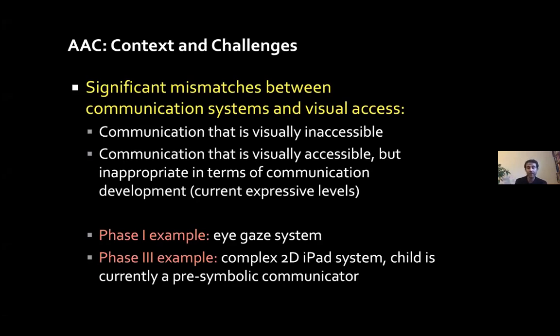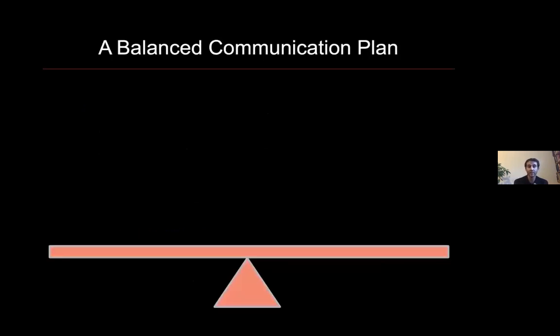It looks great, but the child is currently pre-symbolic, meaning that the child doesn't know the meaning of any of those symbols. So how are you going to be able to teach a student to use a device with 30 symbols on it if none of those symbols have meaning for the child? So that's communication that's visually appropriate, but it's inappropriate in terms of communication levels, expressive communication levels.